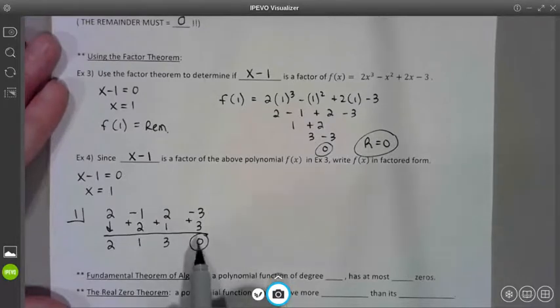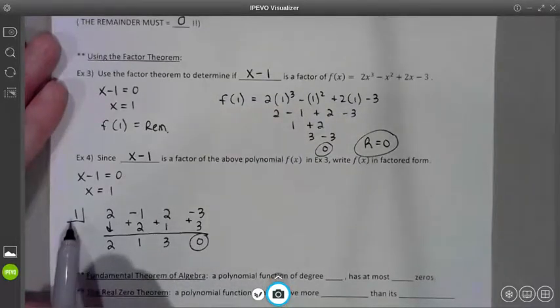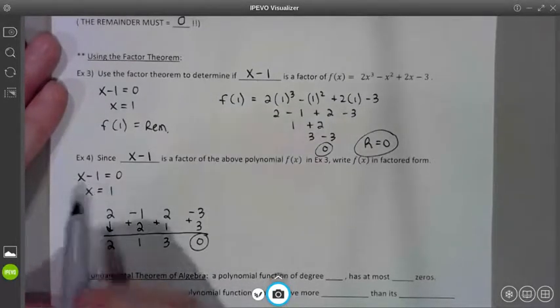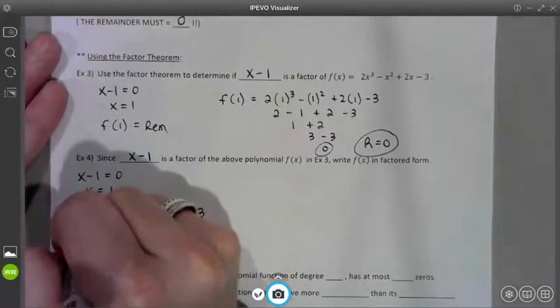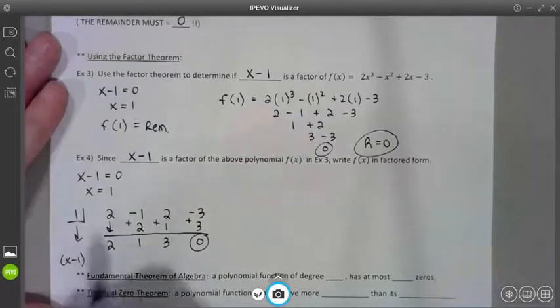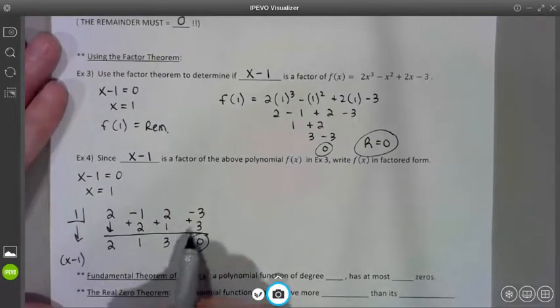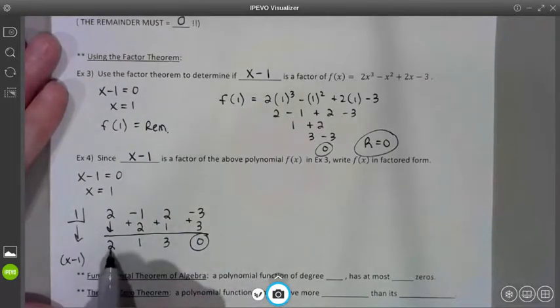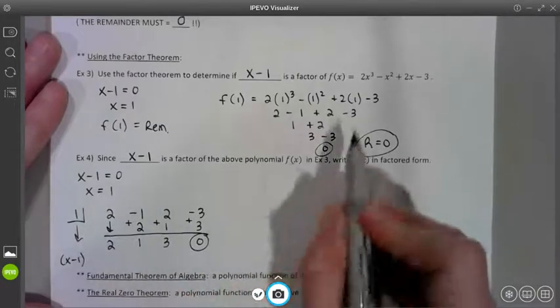So now to write this in factored form, well, again, we started with a factor of x minus 1. So it's going to be x minus 1 as a factor. And then remember, after you do your division, these become the coefficients to a polynomial that is 1 degree less than the original.